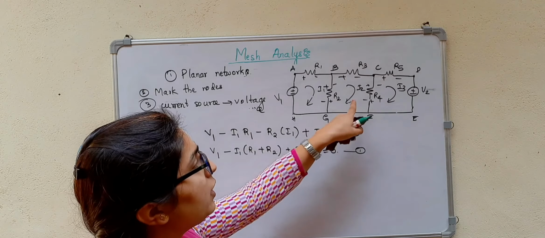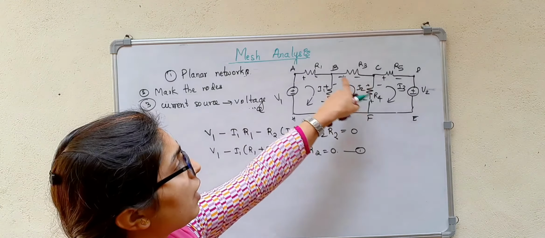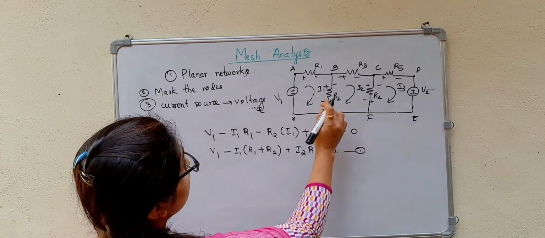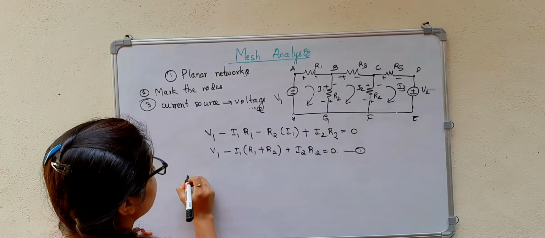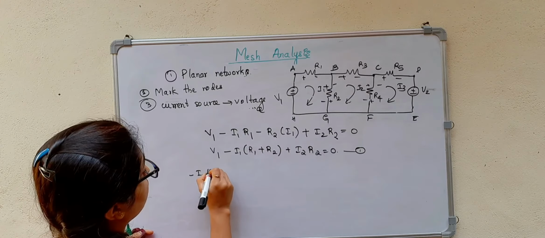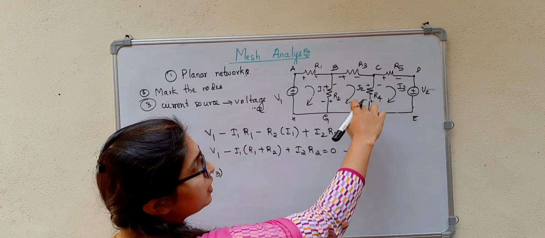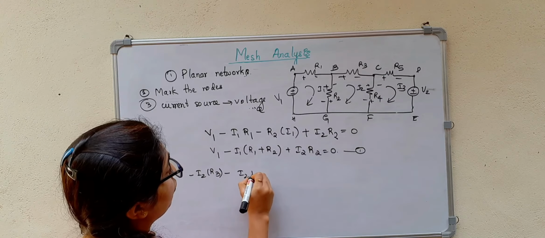Now finding the mesh equation again, I will go to this mesh B, C, F, G, B. First it is plus, so minus I2 R3. Coming to this, plus minus first, so minus I2 R4.